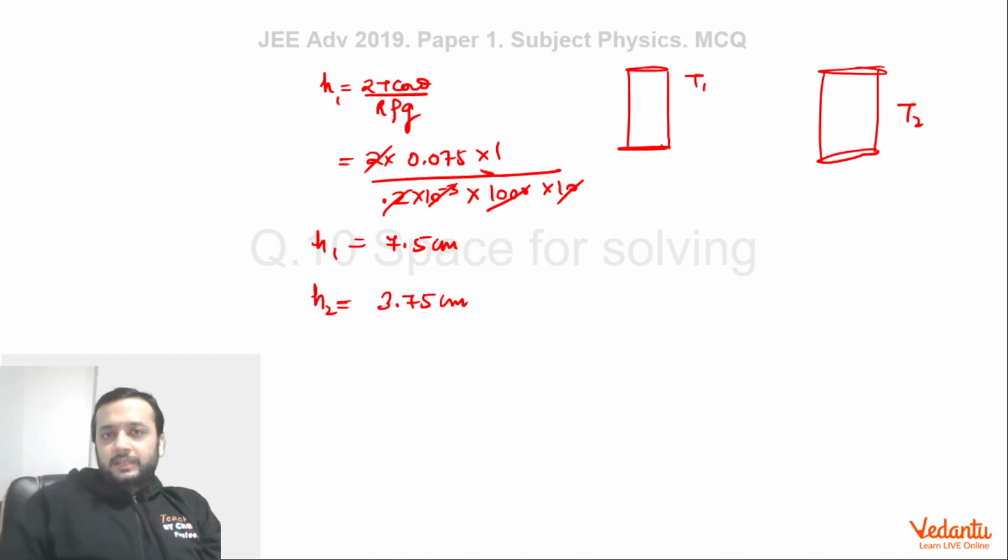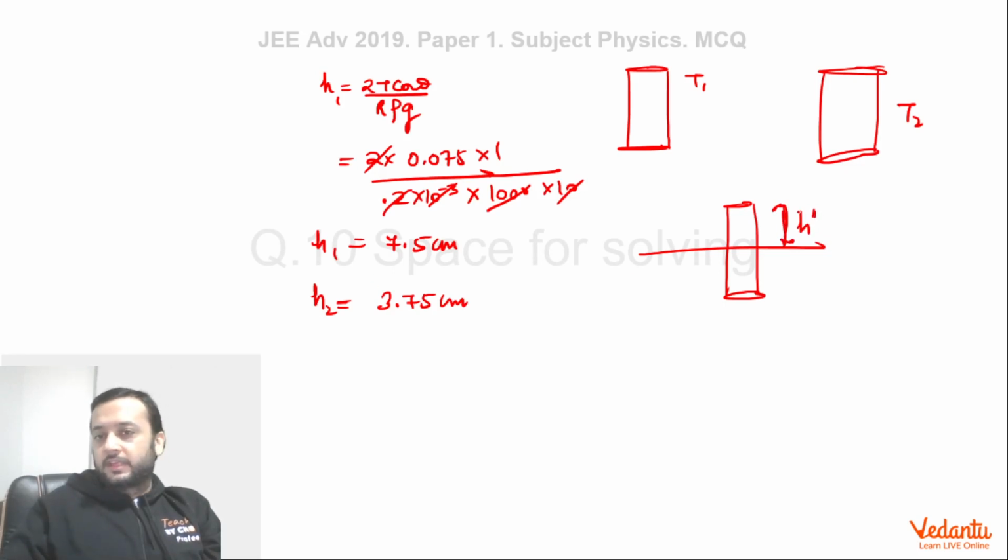One more thing, let us try to recall what happens if we do not allow water to rise sufficiently. Suppose we have created this capillary of T1 and we just insert it such that this height h dash is less than 7.5. So we are allowing water to rise only up till h dash. Then water will not overflow, rather the angle of contact is going to adjust.